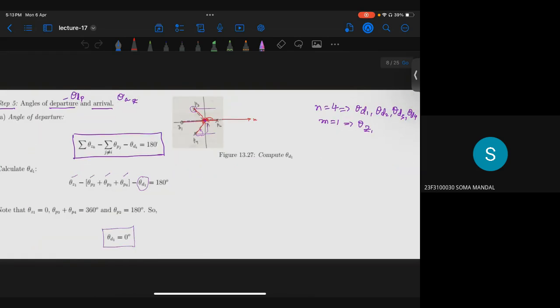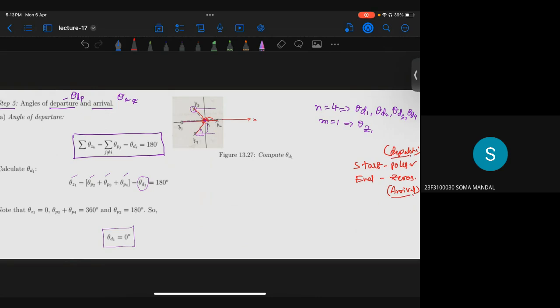Then we calculate, so we said that the root locus will start at the poles and end at the zeros. Since it starts at the poles, we have something called the departure angles. Since it ends at the zeros, we have the arrival angles.